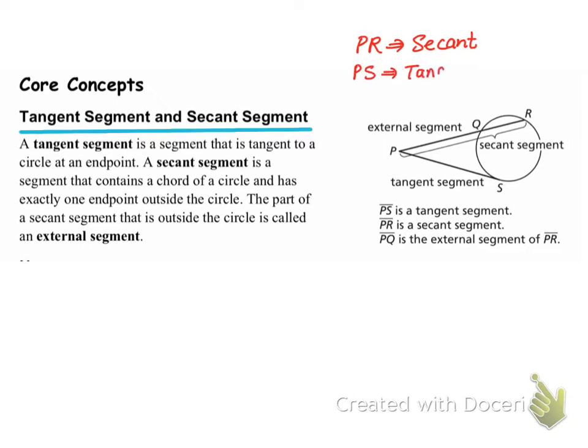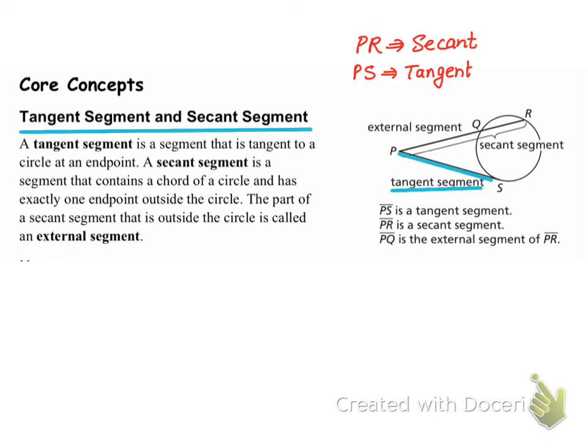The difference between a secant and a chord: a chord starts on a circle and ends on a circle. In this case QR is a chord, but when it goes out like PR, the whole thing becomes a secant. Alright, so let's define a tangent segment. A tangent segment is the part of the tangent here.